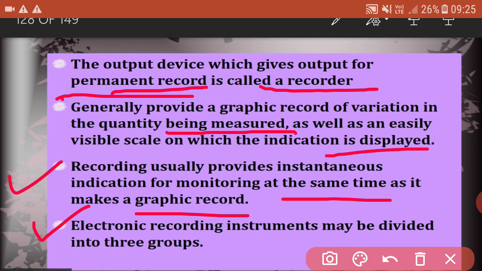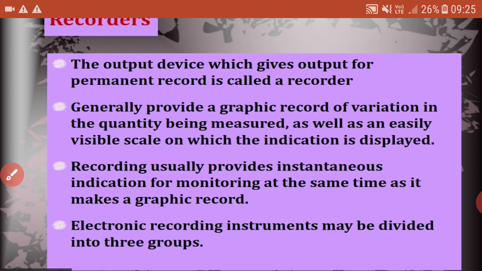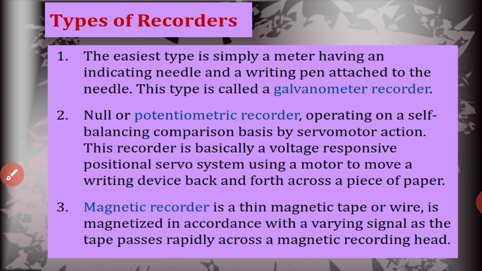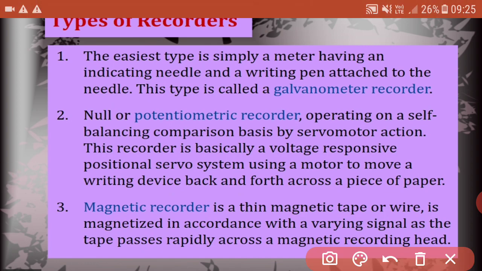Electronic recording instruments may be divided into three groups. Let us see what the three groups are. One is the easiest type, which is simply a meter having an indicating needle and a writing pen attached to the needle.